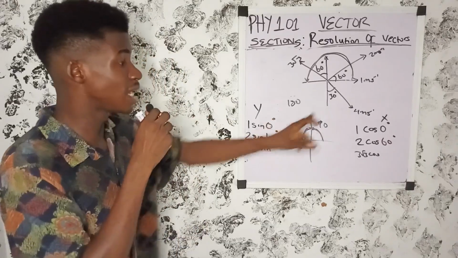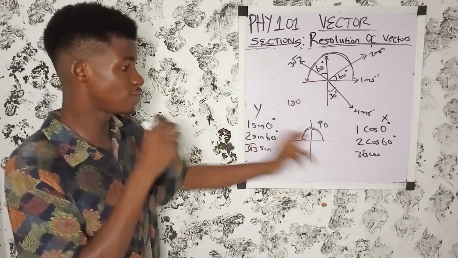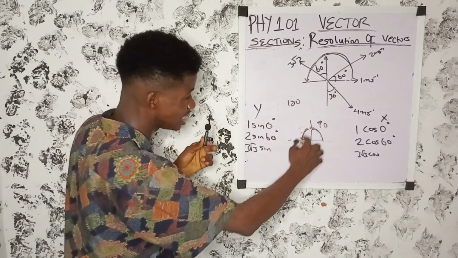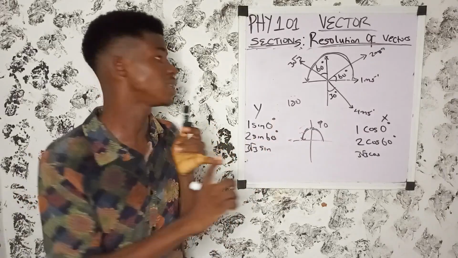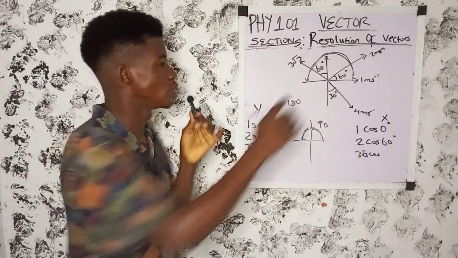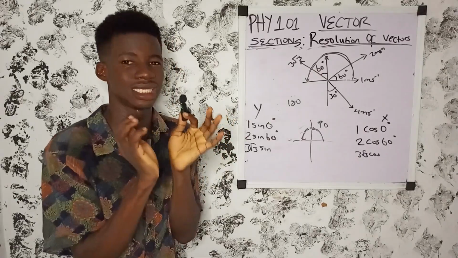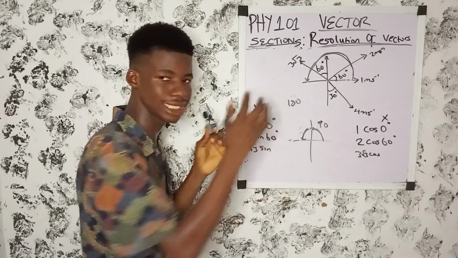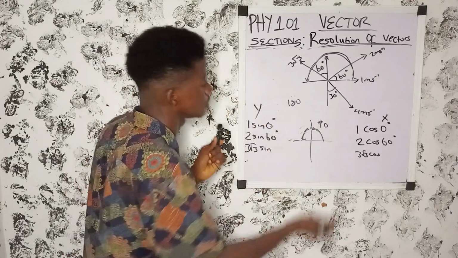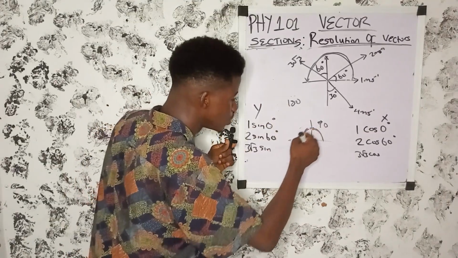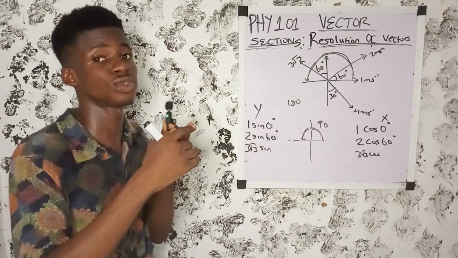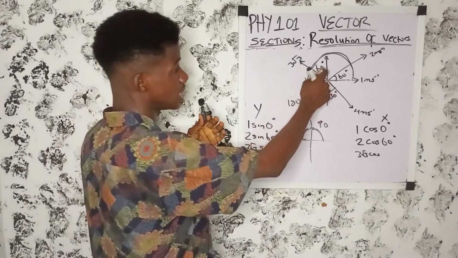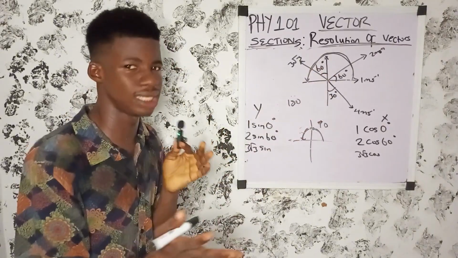So we can never have 60 here. The values we roam about here will be from 91 to 180, so we can never use something like 60. From here to here is 90, so the angle here ranges from 91 to 180. That tells you the angle here is not actually 60.